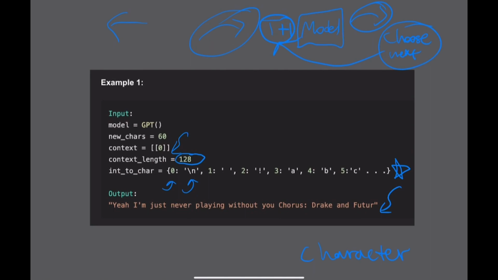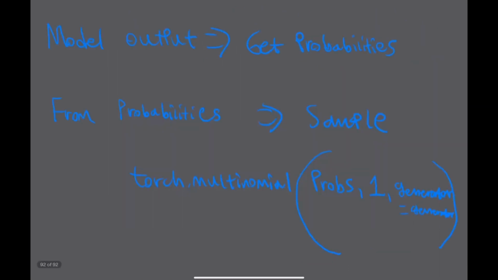So I used the solution code for this problem and used your GPT class that you wrote in the previous problems. And this is the output I got for only 60 characters. So you can count this. This is 60 characters. And we can see that it's something that actually resembles Drake lyrics. So that's pretty cool. So now let's jump into how it works.